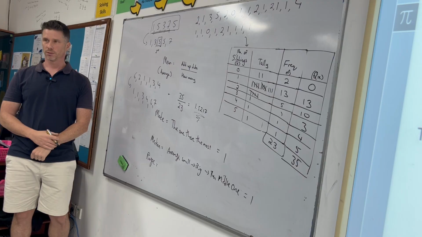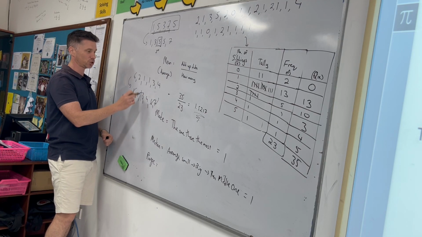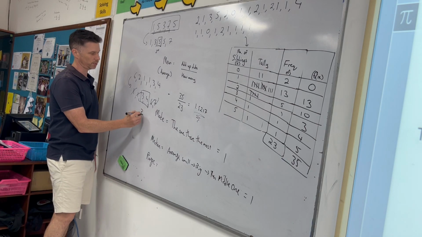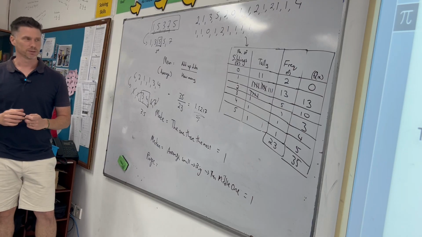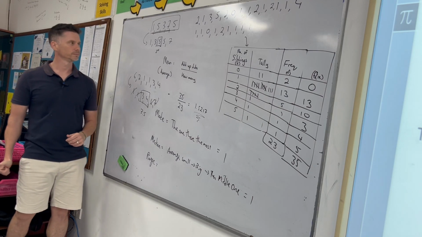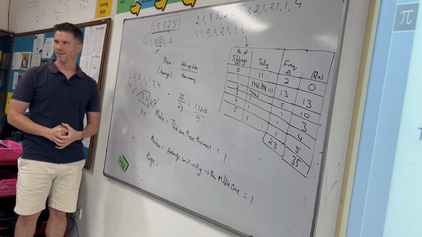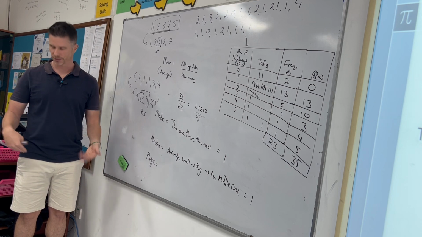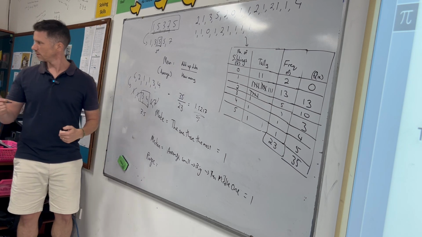I have two numbers in the middle, 3 and 4. What's the median? 3.5. Halfway between these two: add them together and divide by 2. If they're both 5? If you're in this space and you're also in this space, what's the halfway point between you? Well, you're still there.